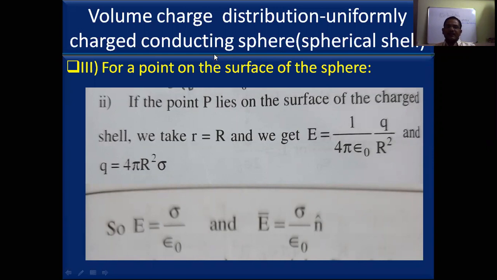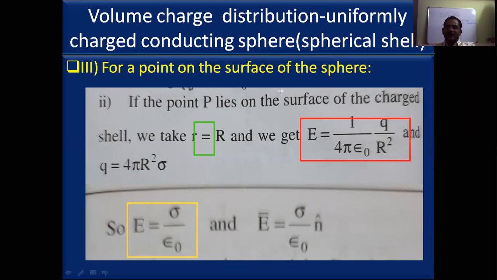Then simply we substitute small r equal to capital R. Then the formula we get is E is equal to 1 by 4 pi epsilon naught Q by capital R square. Right. But Q by 4 pi R square, the charge by area, is the charge density sigma. So substituting that, then E is equal to sigma by epsilon naught.